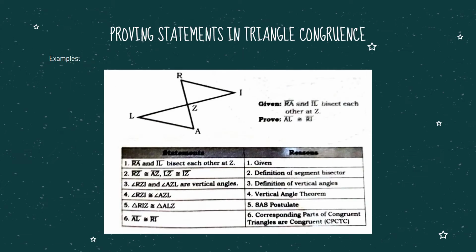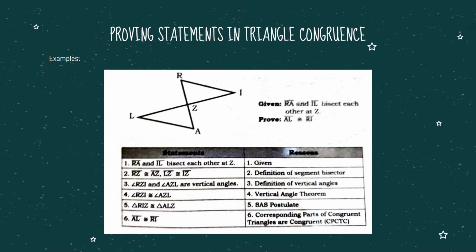We have the given: line segment RA and line segment IL bisect each other at Z. Prove that line segment AL is congruent to line segment RI. We have the first statement, which is line segment RA and line segment IL bisect each other at Z, and it is the given.